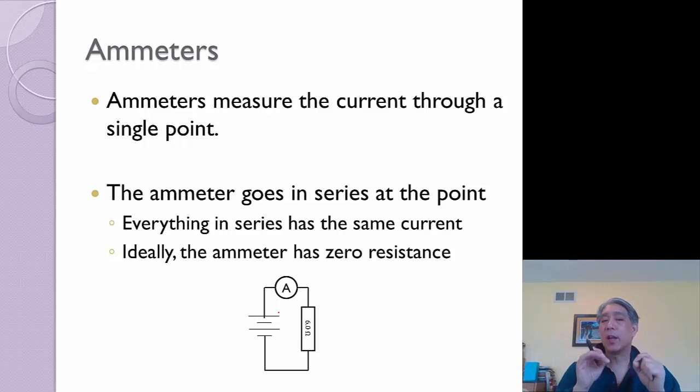And so the ammeter goes in series. Remember, everything in series has the same current. Ideally, the ammeter will have 0 resistance, so it won't affect the voltage between one side and another. Real-world ammeters do have resistance, however. Same with real-world voltmeters. They do not have infinite resistance.